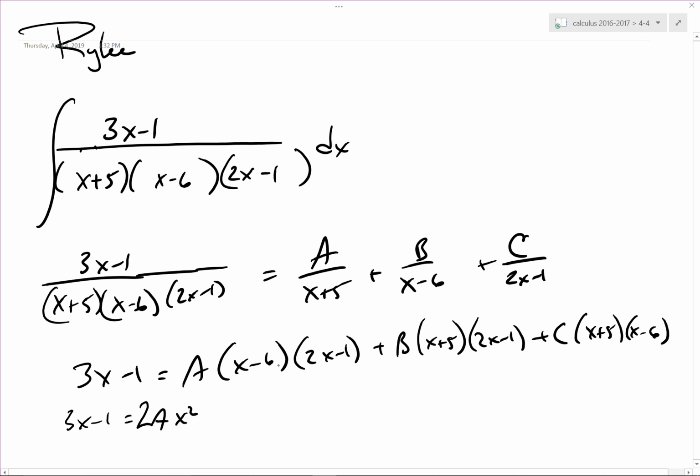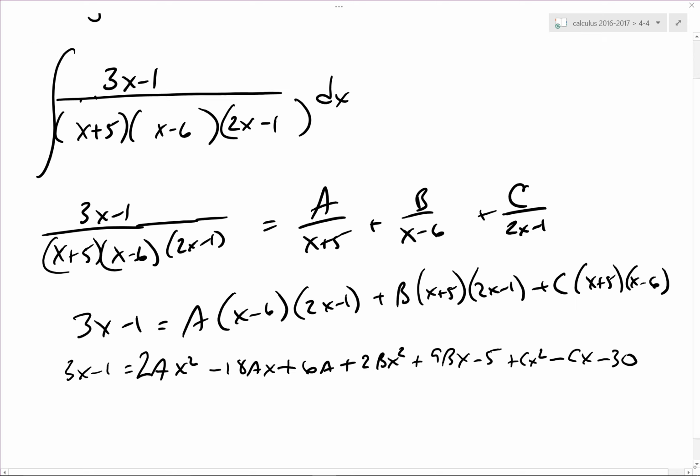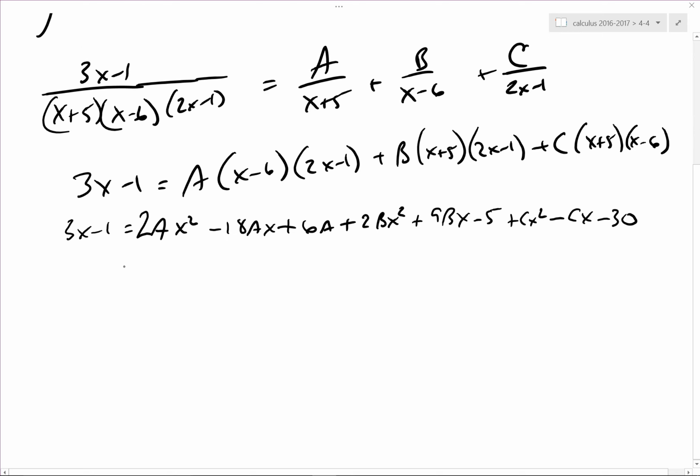So minus 6, minus 12, minus 18 a x's plus 6 a's plus 2 b x squareds, plus 9 b x, plus c x squared minus c x minus 30. Isn't it 12 and negative 12 and negative 13? Okay. There we go.